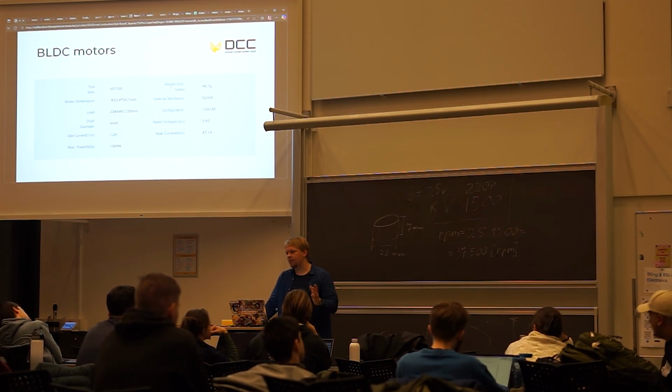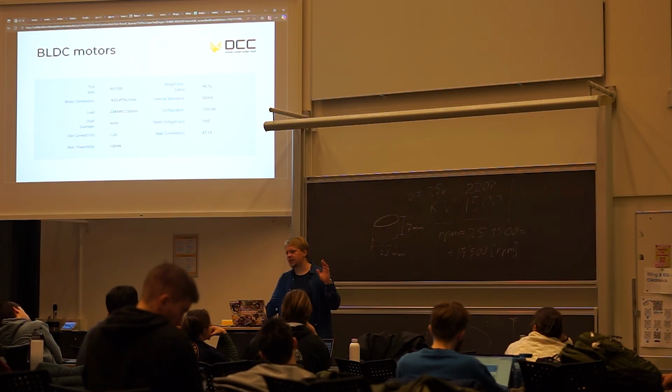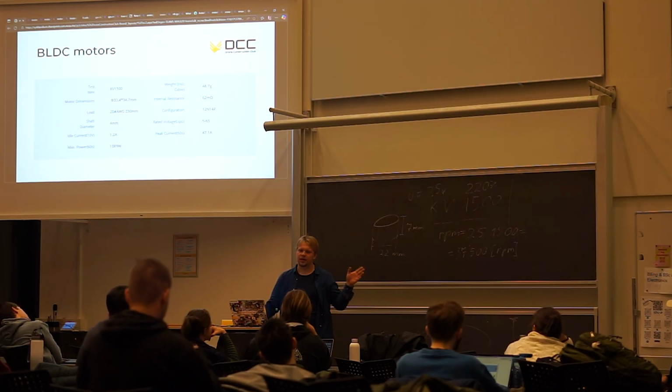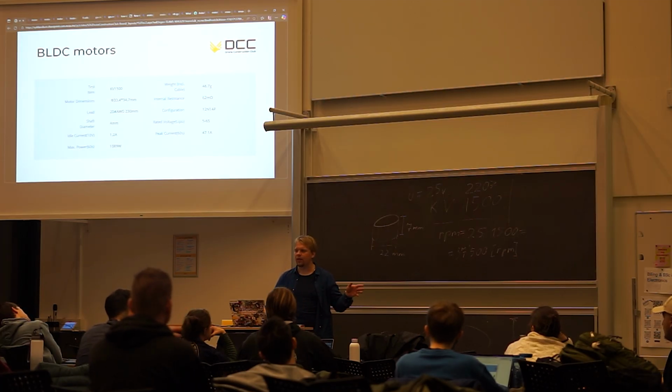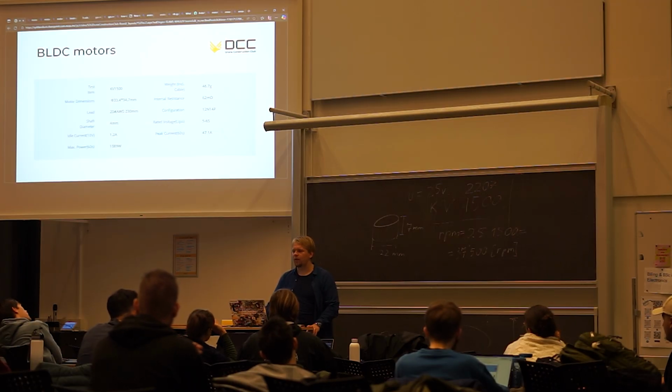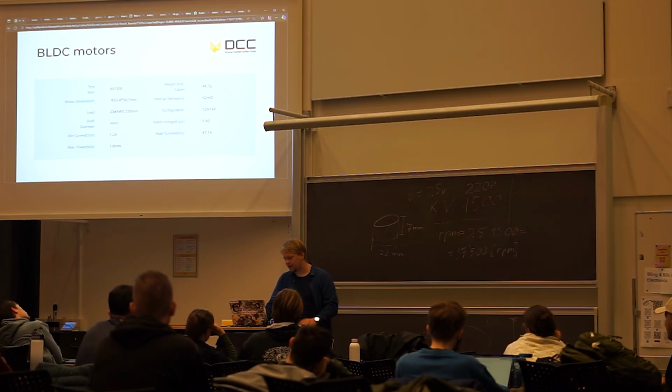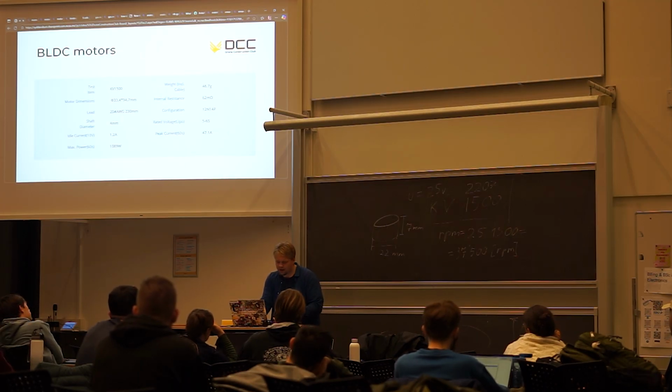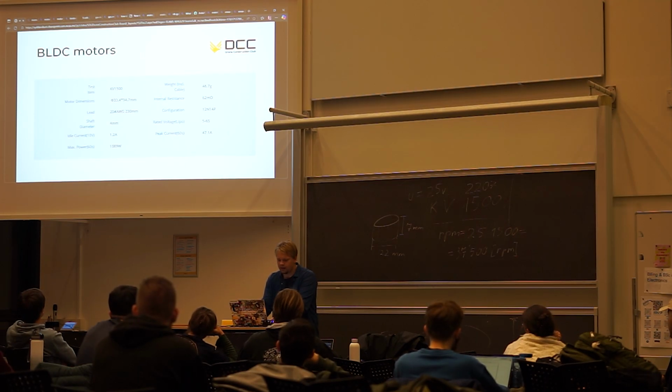But usually you have something that's recommended for each motor size: prop sizes that are recommended, and voltages for them. The rest of the things are not useless, but they're just arbitrary. That is kind of the BLDC motor.